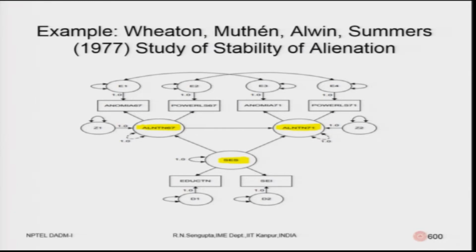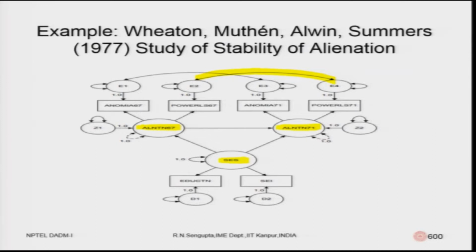But one should understand that the relationships are also inter and intra, in the sense that E2, which gives you the power structure of 67, is indirectly also affected by the power structure of 71. So, obviously, there would be a level of dependence depending on the correlation coefficient between E2 and E4.